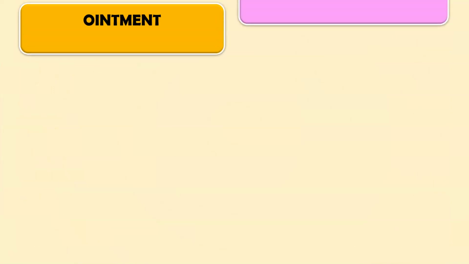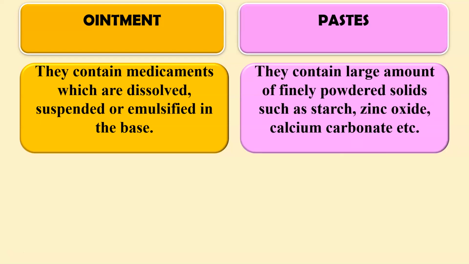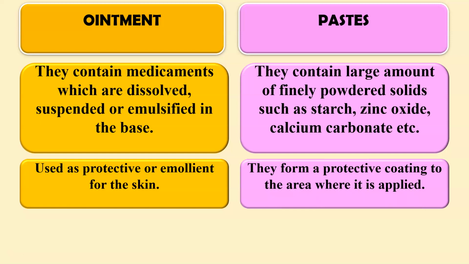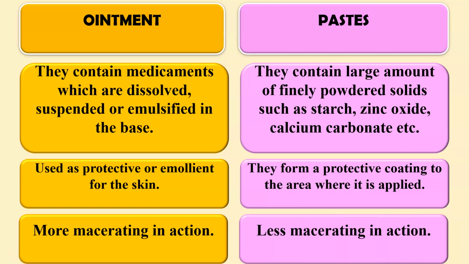The next difference is that ointments contain medicaments which are dissolved, suspended or emulsified in the base, whereas pastes contain a large amount of finely powdered solids such as starch, zinc oxide, calcium carbonate, etc. Ointments are used as protective or emollient for the skin, whereas pastes form a protective coating to the area where they are applied. Ointments are more macerating in action, whereas pastes are less macerating in action.